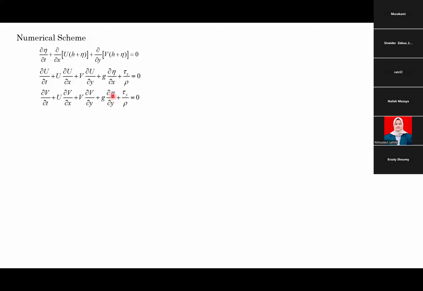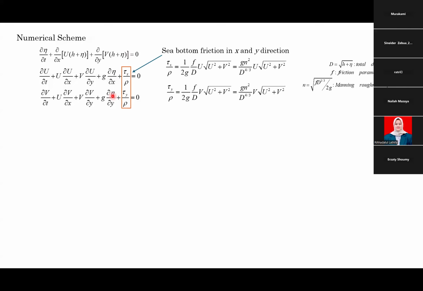For the bottom friction in the X and Y directions, we sometimes express these terms using the horizontal velocities U and V. The shear stress corresponds to the square of the horizontal velocities, like this one.